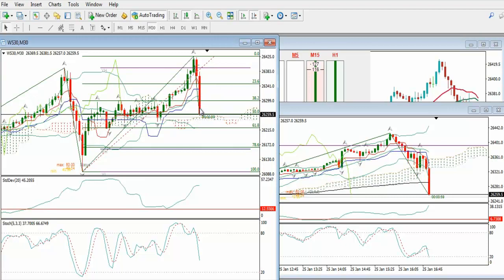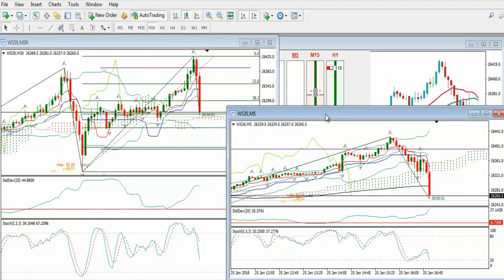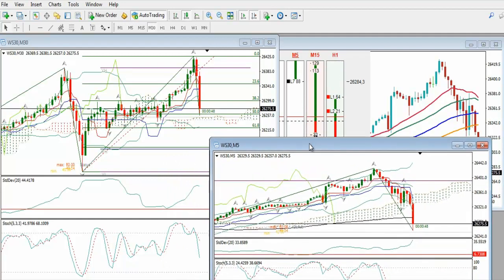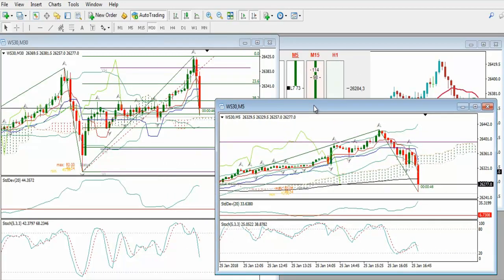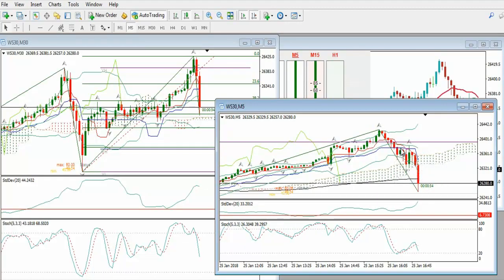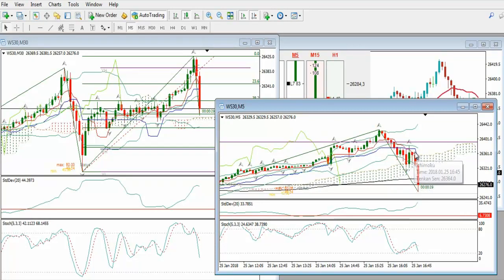Very, very large red candle in the half hour. Here some people may say, oh, the market is going downwards, let's chase it. No, you have to find a better position. If you wanted to enter this movement here, you should have waited for the candle to go below the Kijun-sen, the blue line, and then waited to see a nice spot near it.